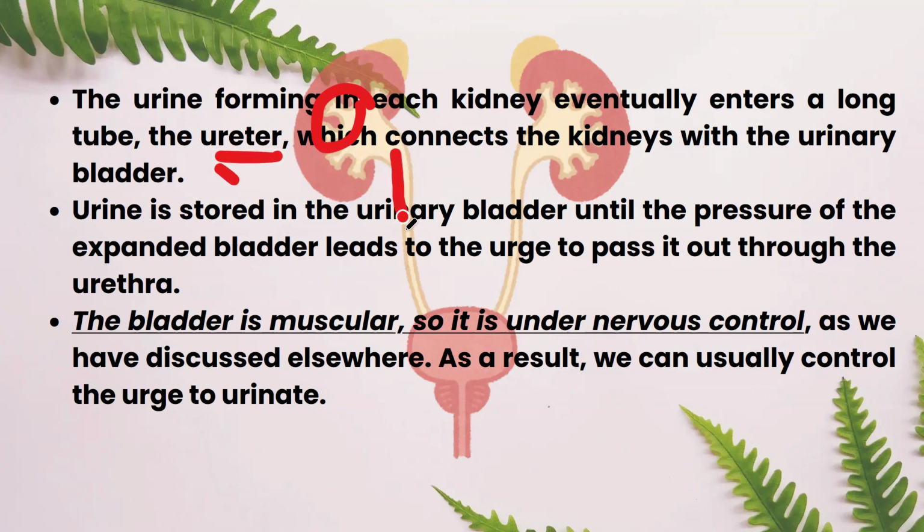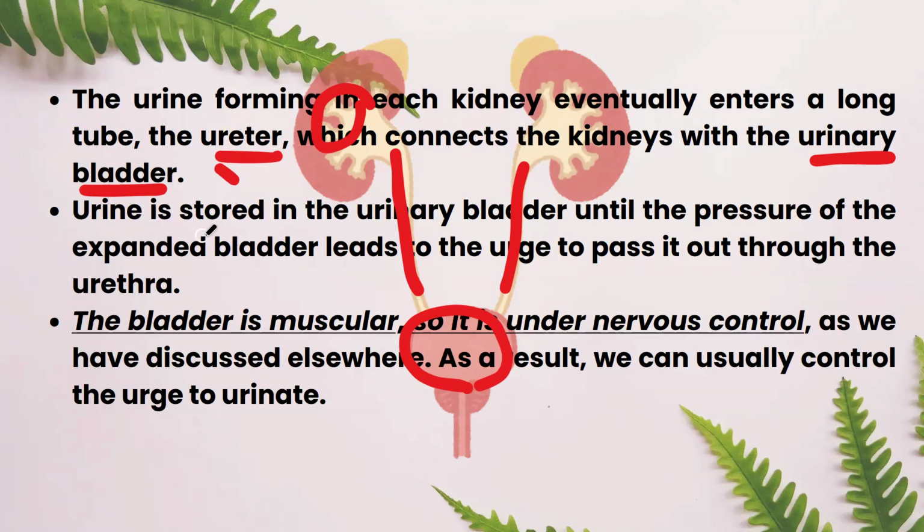This is the ureter. One ureter, and we can even see the second ureter here. The ureters connect the kidneys with the urinary bladder. These ureters come from the kidneys and connect to the urinary bladder, where the urine is stored.